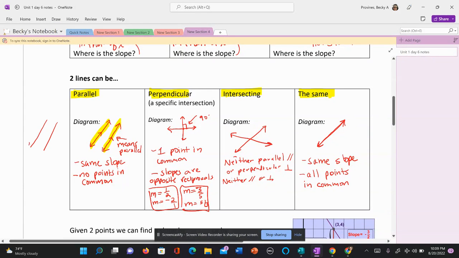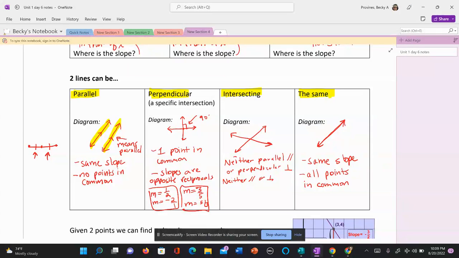Do not be confused with this symbol. This symbol would not be appropriate because it means congruent, and lines can't be congruent since they go forever. When we did midpoints, we said the left side and the right side are equal. So don't get this symbol confused with the parallel symbol.